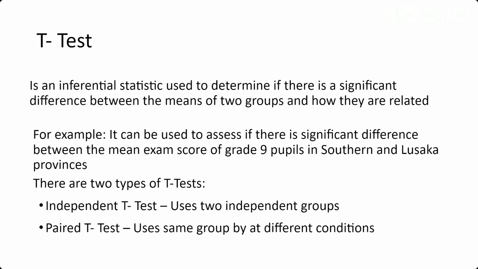So you are going to test before they did the physical exercise and after they did the physical exercise. You are looking at the same group but at different times and different conditions. Then there you're going to use a paired t-test. The formulas are slightly different, but today we are not so much discussing formulas, so we'll keep that aside for the meantime.